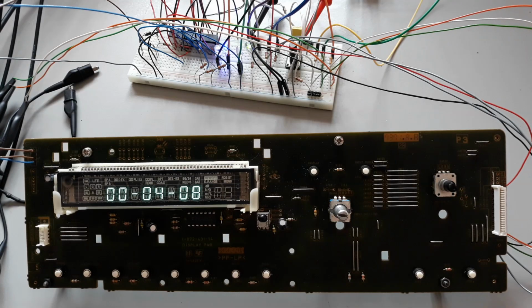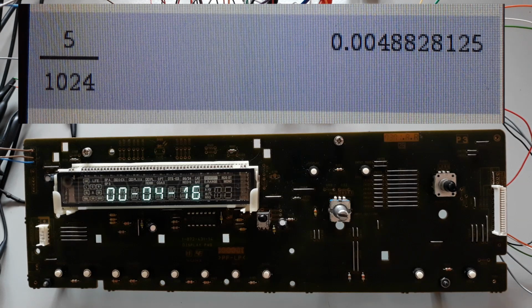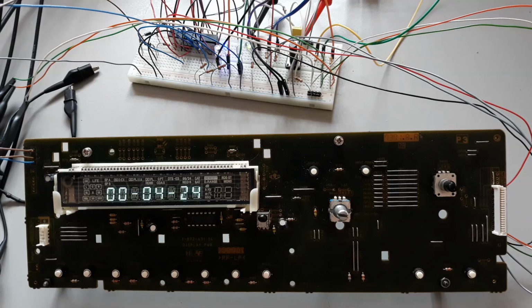To understand the readings, we start with the resolution of the analog converter. We divide 5 volts by 1024 steps, which gives approximately 0.0048 volts per step. That is our voltage resolution unit.